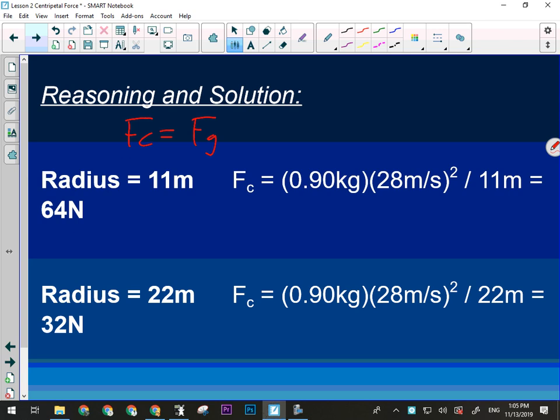If that's the case, then it's going to be mv squared over r equals m times g. Or if it's friction, then it'll be mv squared over r equals mu times the normal force, okay? We're always just going to be setting the net force equal to the sum of all forces. It's just that most of the time there's only going to be one force. Okay?